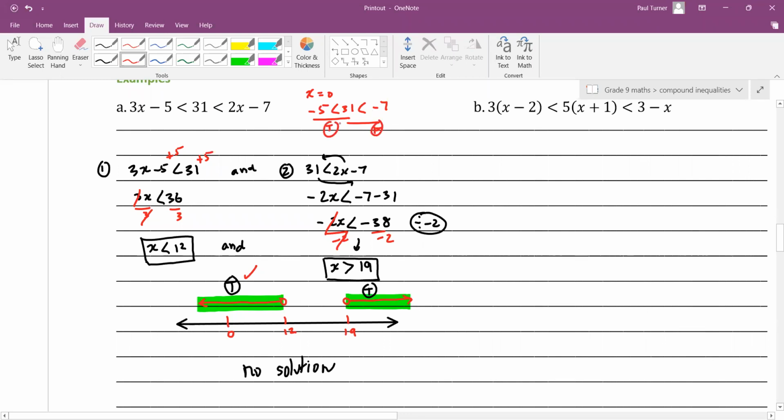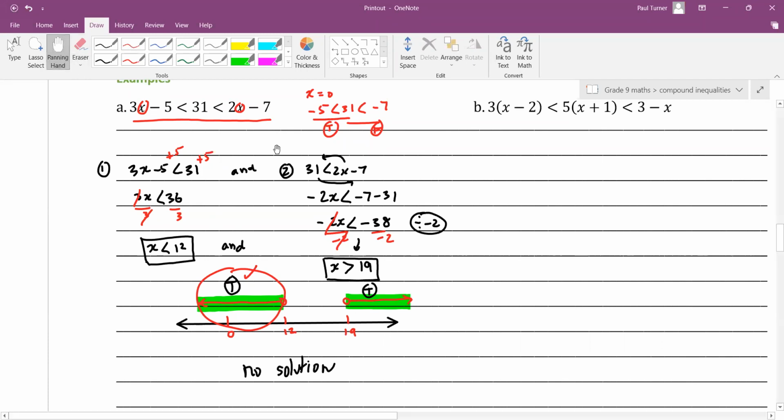So it's got to be true everywhere. So this has no solution. You can't put a number in here and make this whole thing true. It's not possible. It could be true for this bit, when you have a number less than 12, but it can't be true here as well.